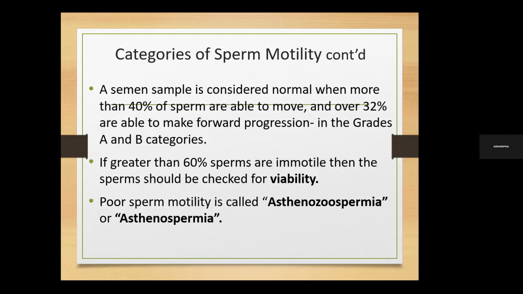So a semen sample is considered normal when more than 40% of sperm are able to move. And when it comes to the grading, it's also normal when more than 32% are able to make forward progressive movement in the grades A and B categories. You see that this is technically almost impossible, because the value is quoted from the automated systems.